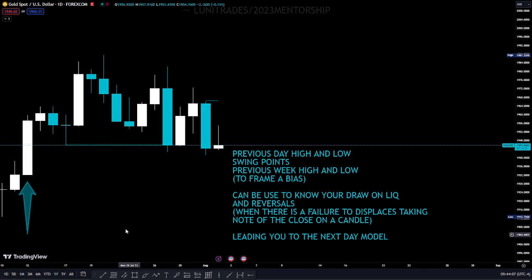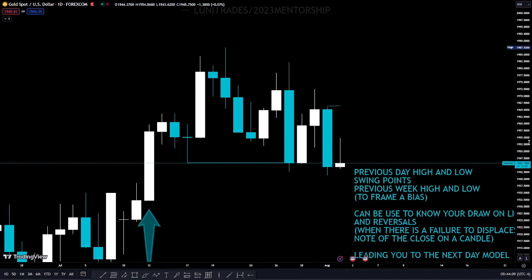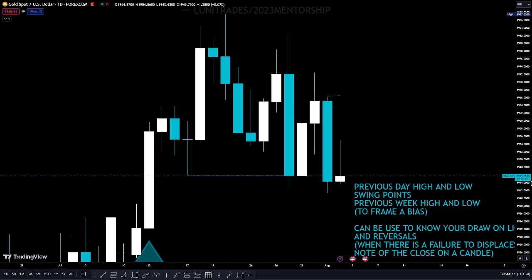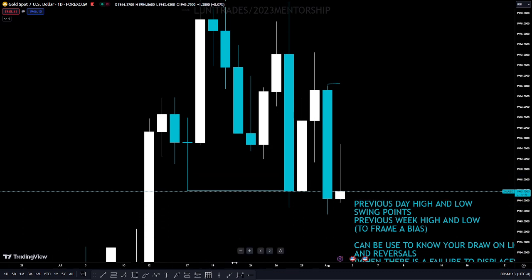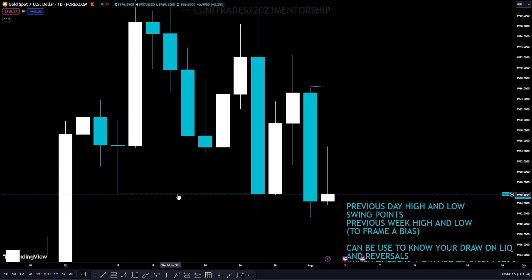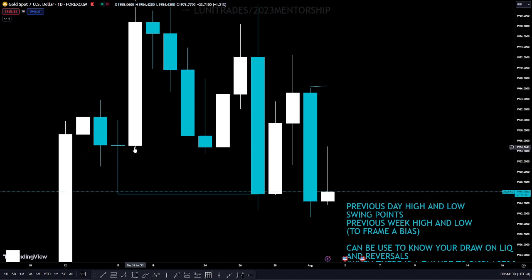Let's zoom in there so we can see it clearly. Then you see price fails to close below this swing point. You understand? This is also a swing point because we have a low here and a low to the left and a low to the right.